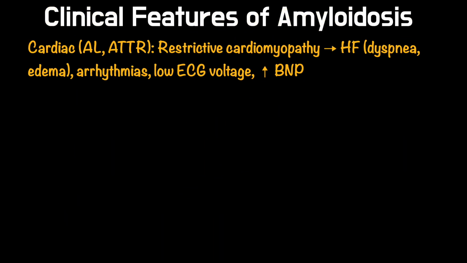Talking about clinical features of amyloidosis, there are different organ specific clinical features, right? In the cardiac system, AL or ATTR type cause restrictive cardiomyopathy, and that will lead to heart failure, that is dyspnea, difficulty in breathing, edema, and arrhythmias, low ECG voltage, and an increase in brain natriuretic peptide because there is excessive stretching of the heart muscle, right?